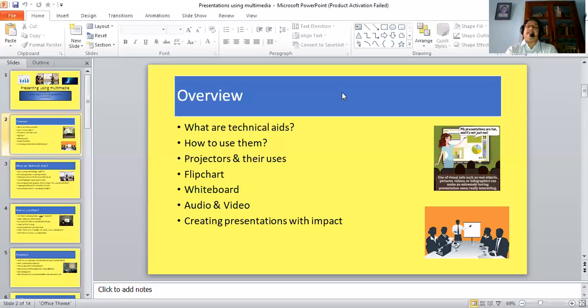So the technical aids that we use in giving presentations are mostly by way of elaborations, additions, and amplifications, or rather illustrations to the talks that we are giving.